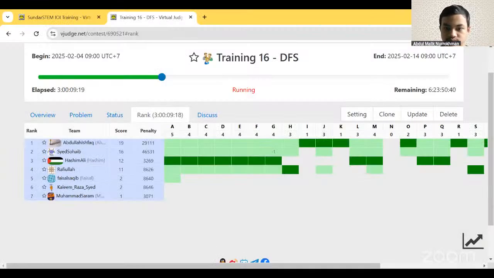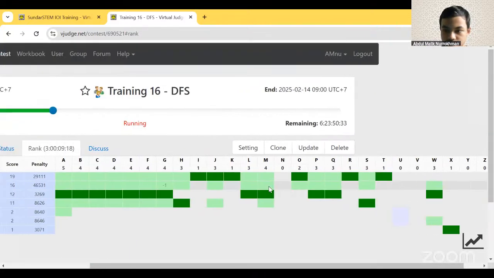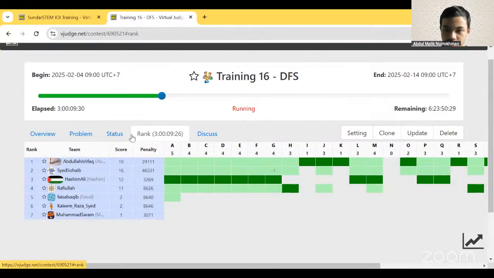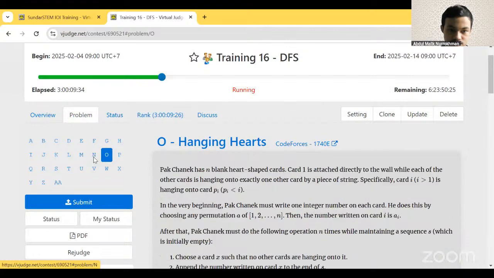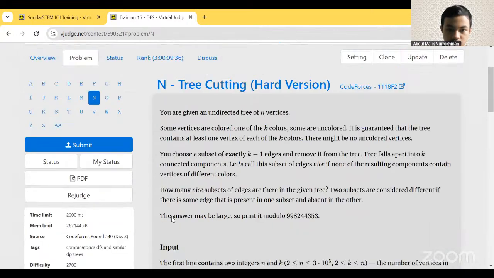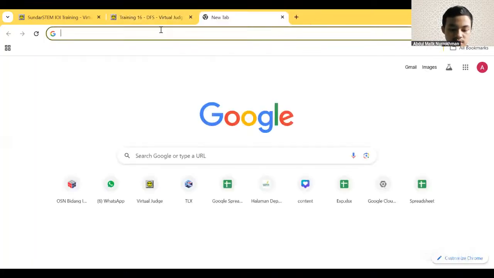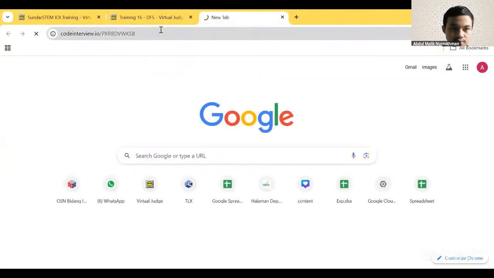Okay. So before we continue, in the past meeting, I already implemented problem N. And then let's check our implementation.